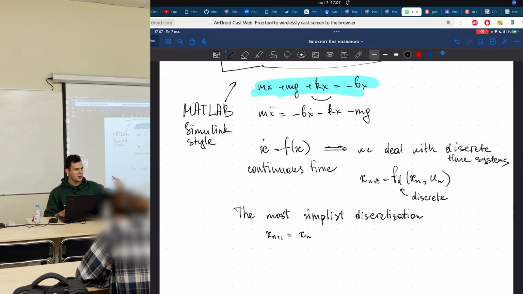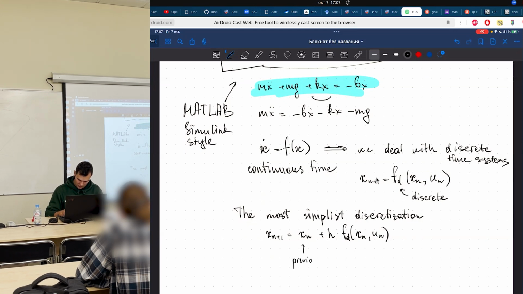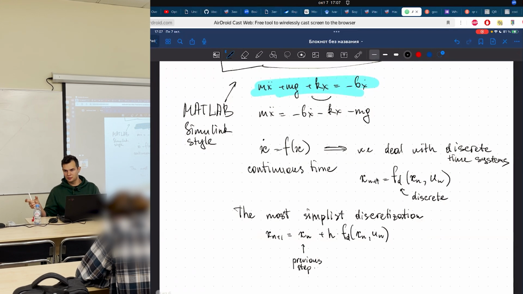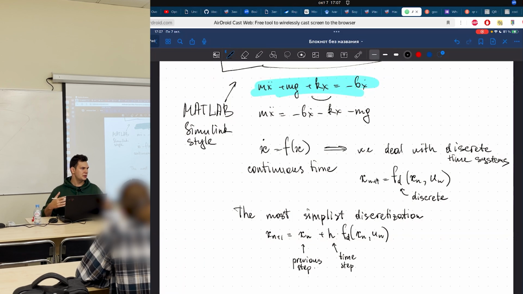It's like any new one equals the previous one plus some new step, and h is called the time step, and f_d is basically our function.